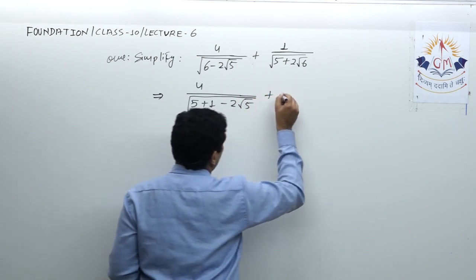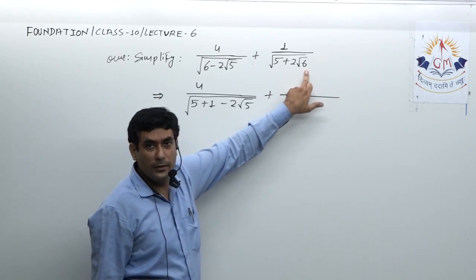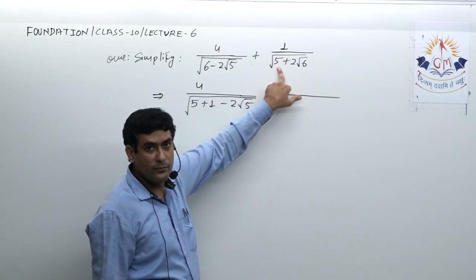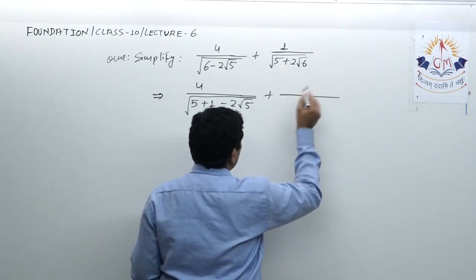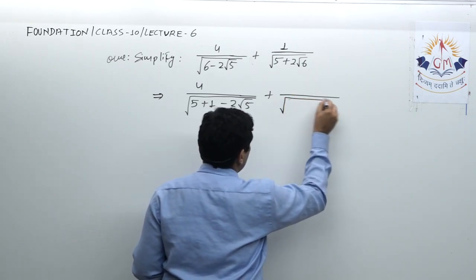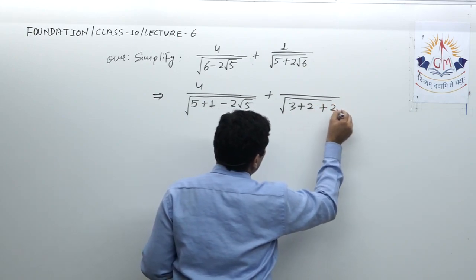Plus 1 upon, here again you have to think about numbers whose product is 6 and their sum is 5. Product must be 6, so numbers are 3 and 2. 3 plus 2 and over here 2 root 6.